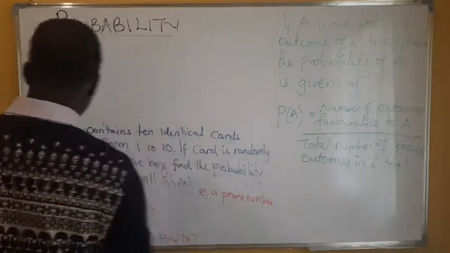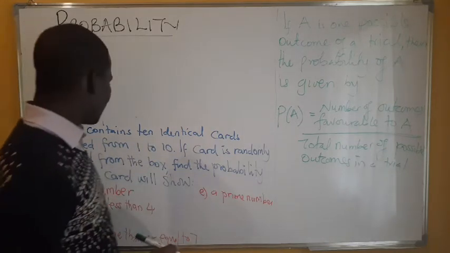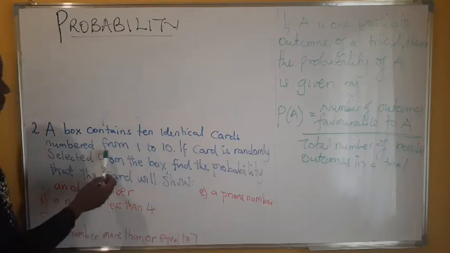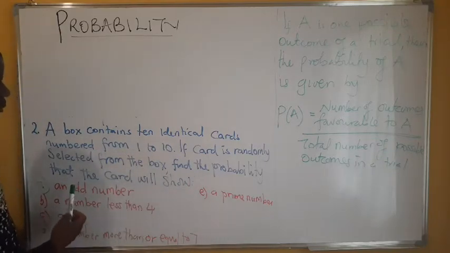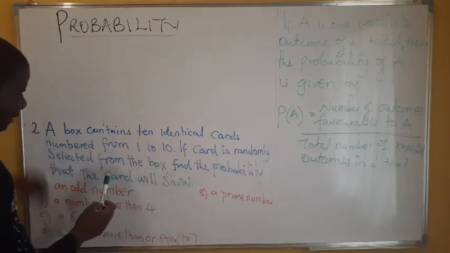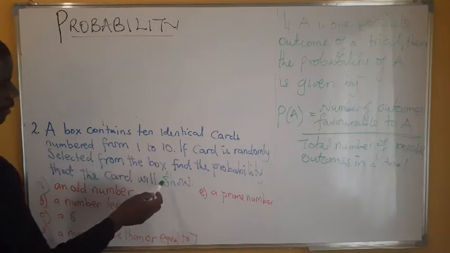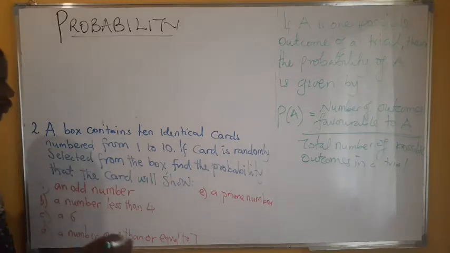This question: a box contains 10 identical cards numbered from 1 to 10. If a card is randomly selected from the box, find the probability that the card will show an odd number.